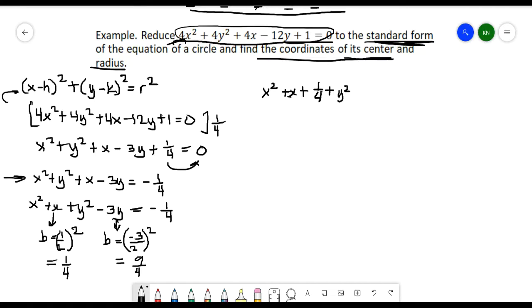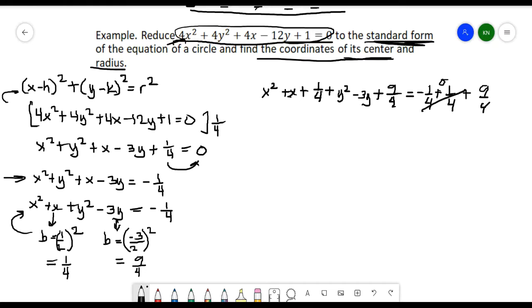And again, for completing the square, whatever you add to the left side, you also need to add to the right side of our equation. So that gives us 1/4 plus 9/4. As you can see, negative 1/4 plus 1/4 is equivalent to 0.